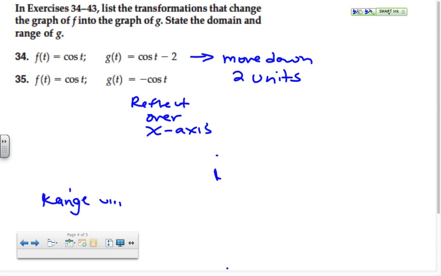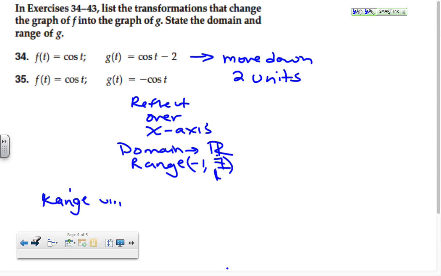And my domain and range, obviously it's actually not going to change because I've simply reflected. I'm still going from negative 1 to 1. So my domain is still all real, and my range is still from negative 1 to 1.